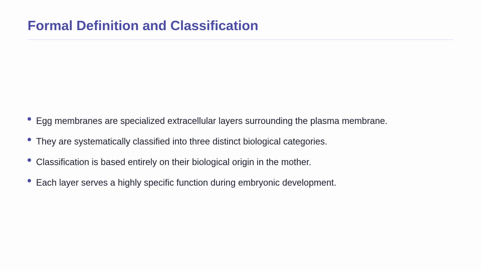This classification is not based on their thickness or chemical makeup, but rather on their biological origin, specifically where and by what cells they are produced during the mother's reproductive process. Each layer is biochemically distinct and serves a highly specific function at different stages of development.